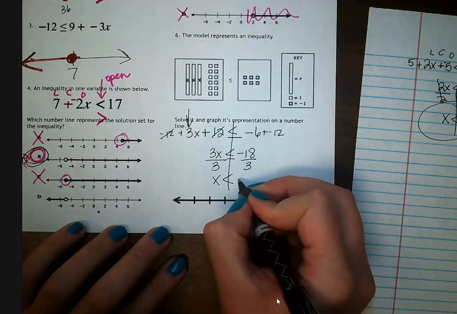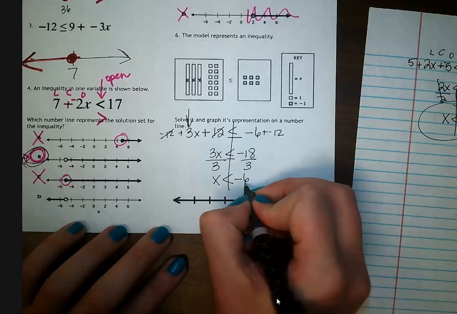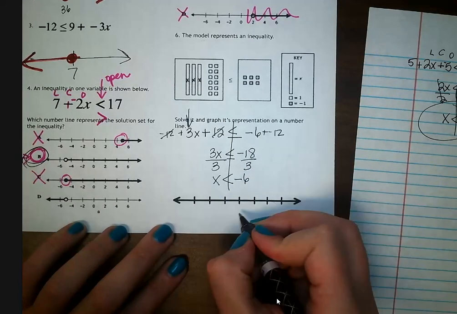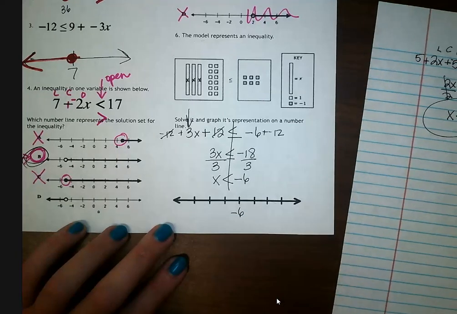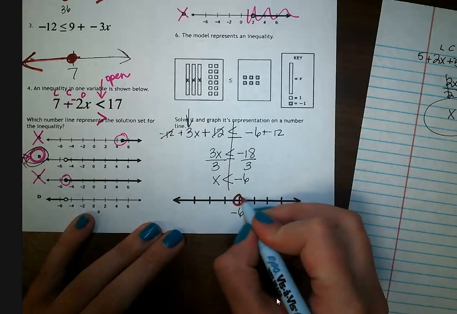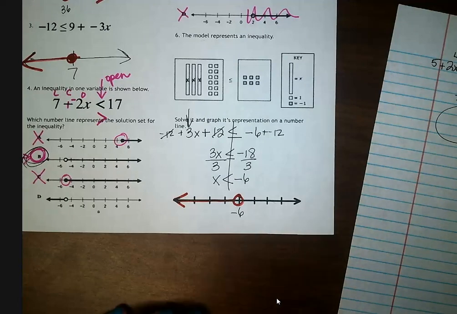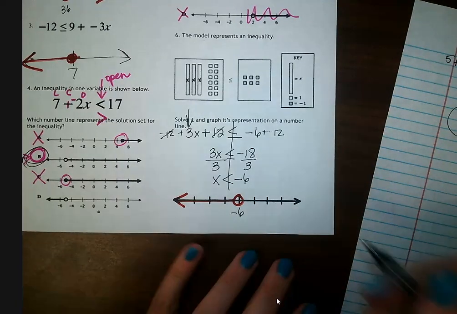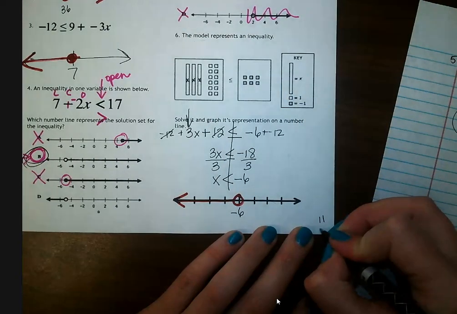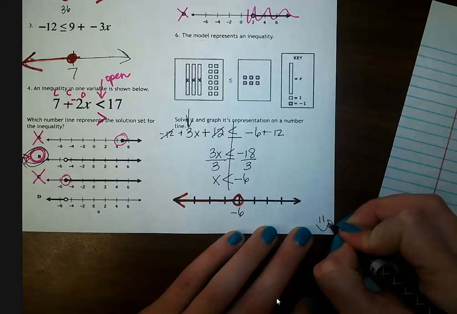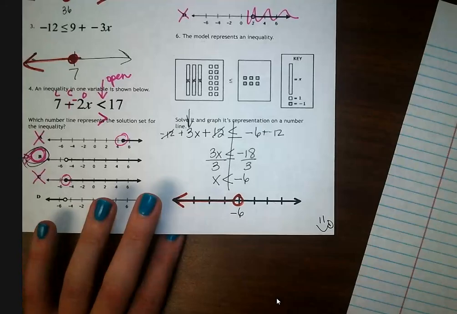And negative 18 divided by positive 3 is negative 6. So x is less than negative 6, and it's going to be an open circle. Awesome. If you got to this part so far, put a little smiley face with a little tongue sticking out right there, and then we're going to go to the back page.